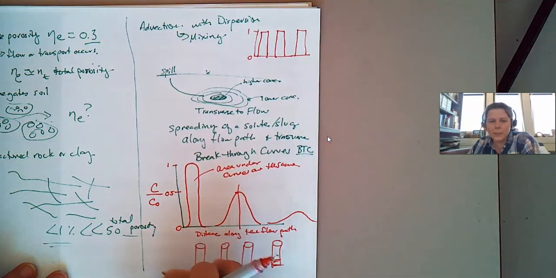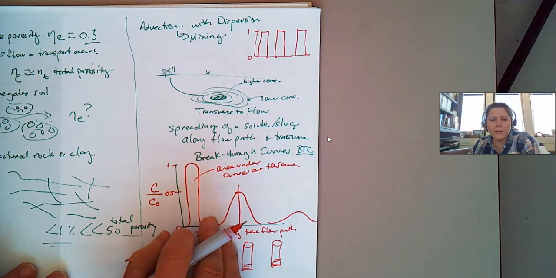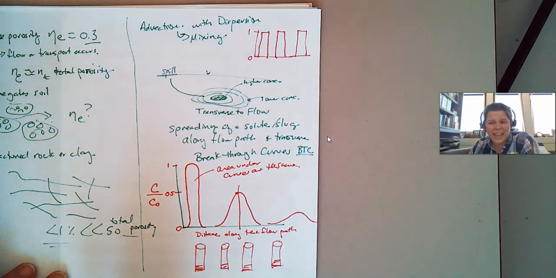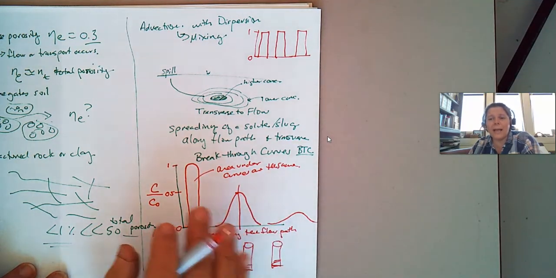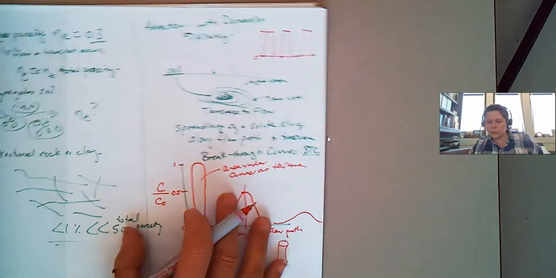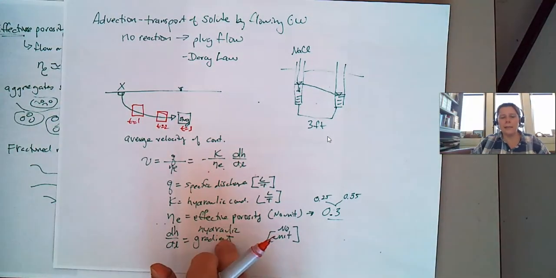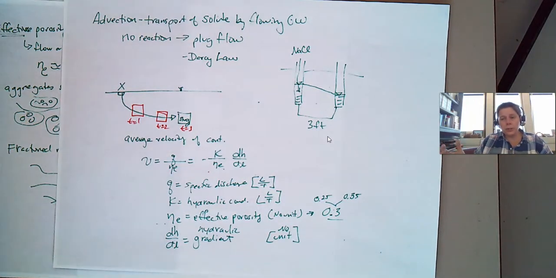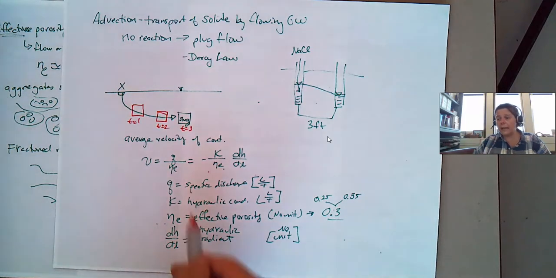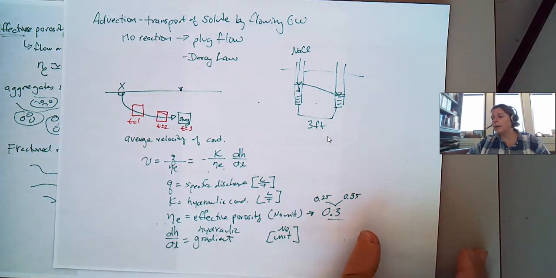What actually happens is you get this dispersion occurring, and so some of the molecules move faster than the average velocity of the groundwater. So if we took our Darcy's law here, which gives us our average velocity, with dispersion in there, you're going to get some of the molecules coming through faster than the average velocity, and some will be slower.